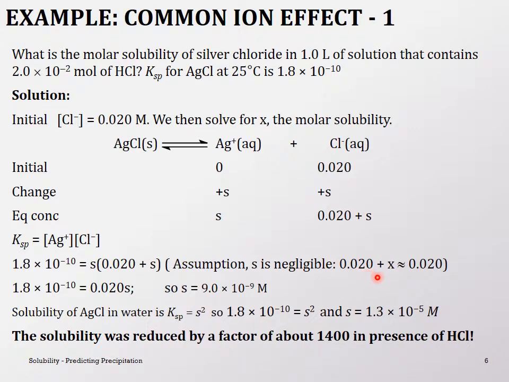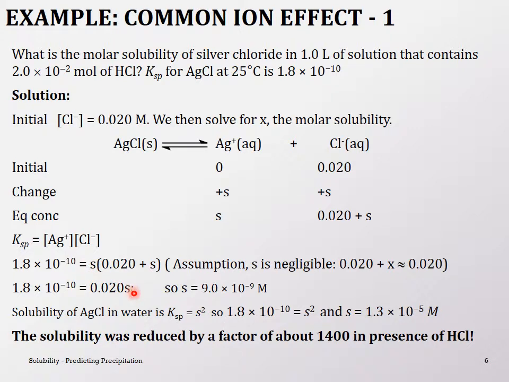Therefore 0.020 plus S is equal to 0.020. You can see the solubility constants are so low that the difference might be in the 10th decimal place or the 9th decimal place. So 1.8 times 10 to the negative 10 is equal to 0.020 S.